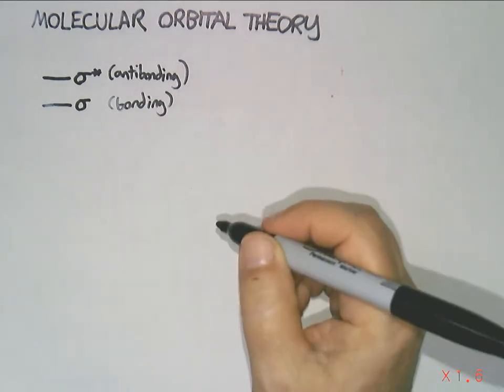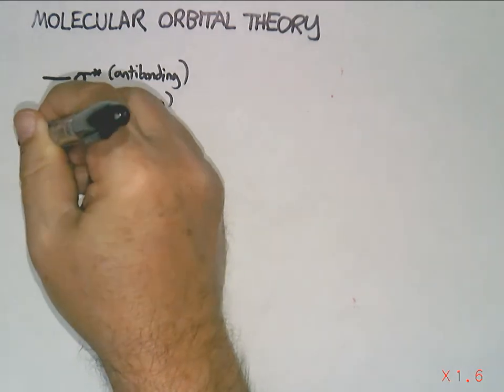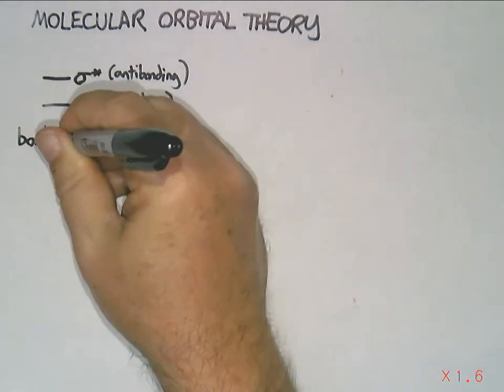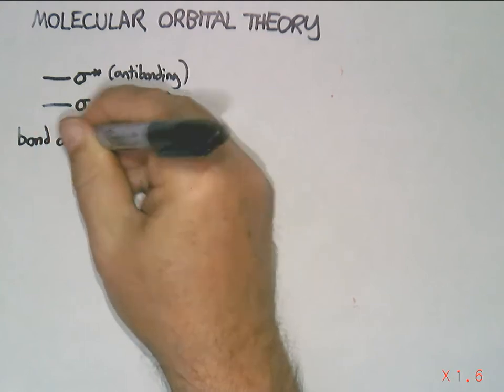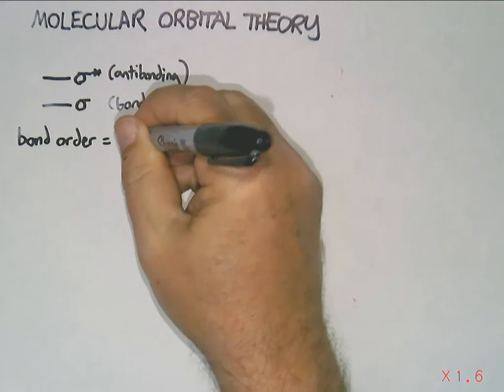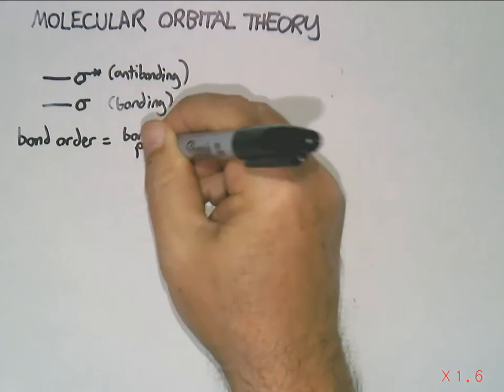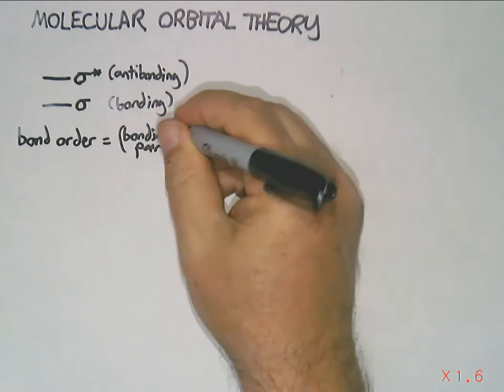The other thing that we talked about last time is figuring out bond order, whether you have a single bond, double bond, triple bond. And we said that's the number of bonding pairs. Each bonding pair makes a bond.